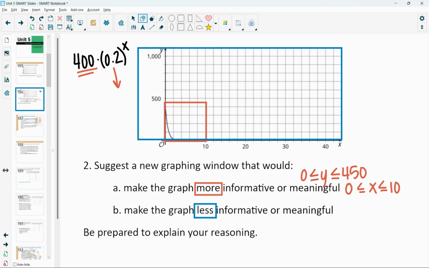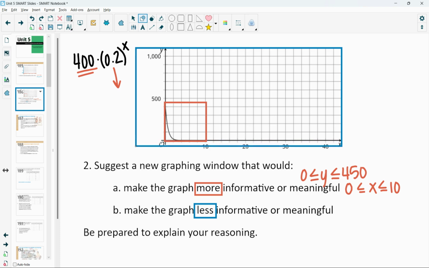It's not going to make it more meaningful because you're not going to need that data because the initial value is 0. So anything backwards isn't going to be helpful because it's before the time started. And then also exponential values don't dip below the x-axis. They level out at the bottom there. That x-axis kind of acts as a border.